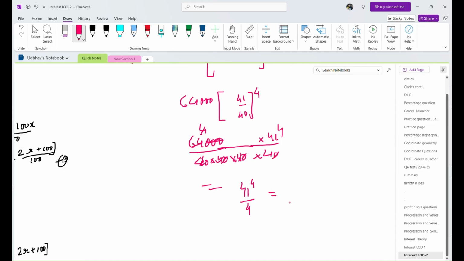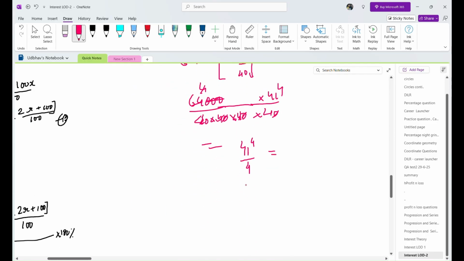41 power 4 is approximately 41 power 4 is 2825761 upon 4. 706,440.25.